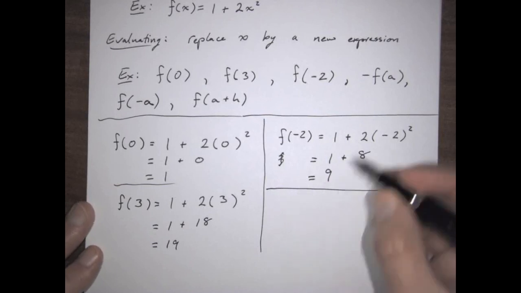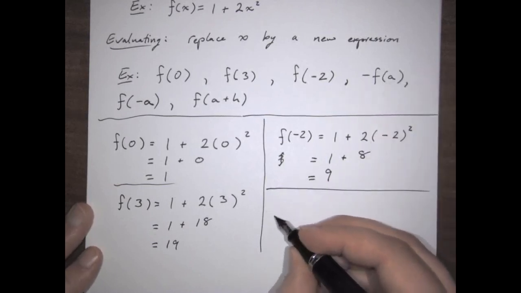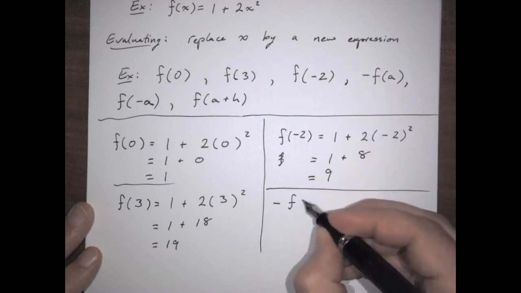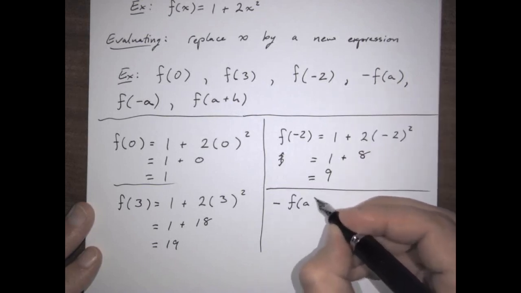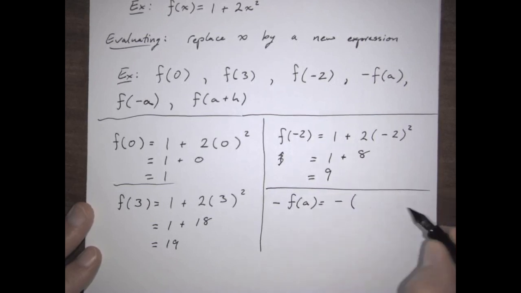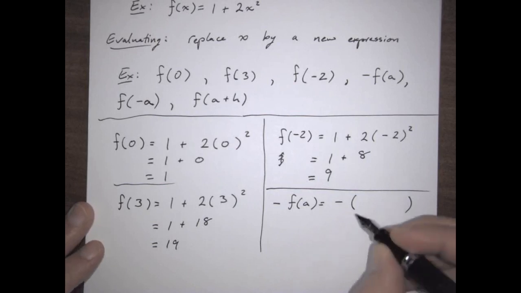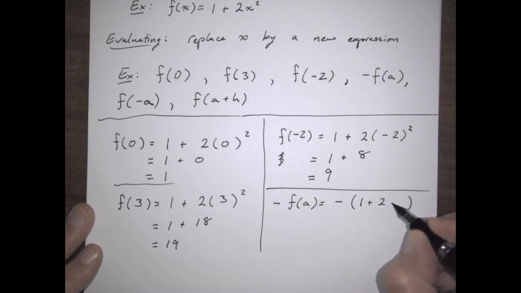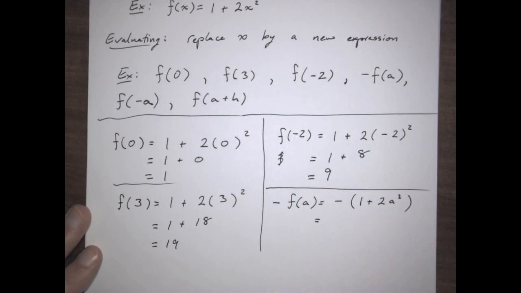And let's see, where are we now? Negative f of a, I should say. What this means is take the entire formula for the function and put a negative in front of that and put an a where there used to be an x. So it would look like this.